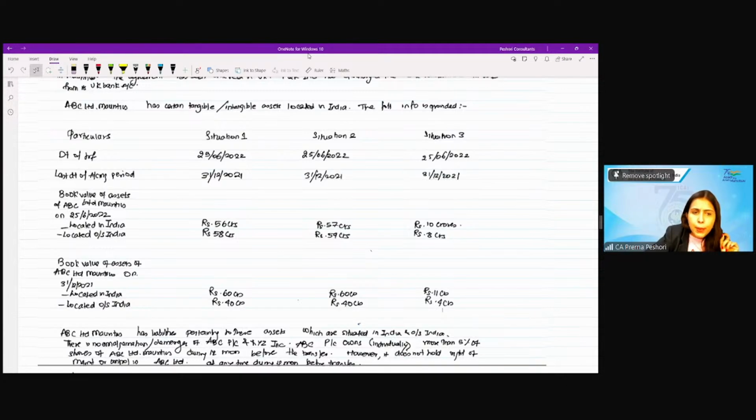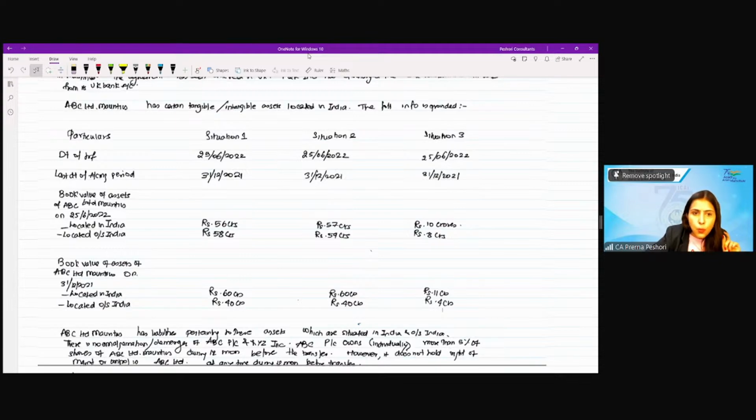Whether the book value of the assets as on the date of transfer is greater than 15% of the book value of assets of the foreign company as on the last day of the accounting year.